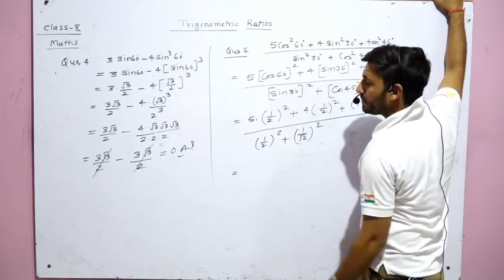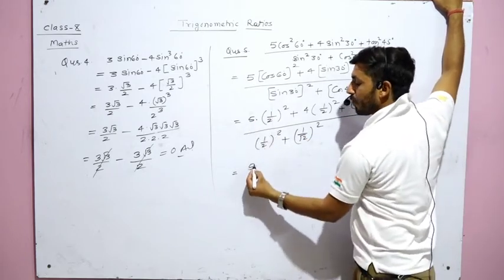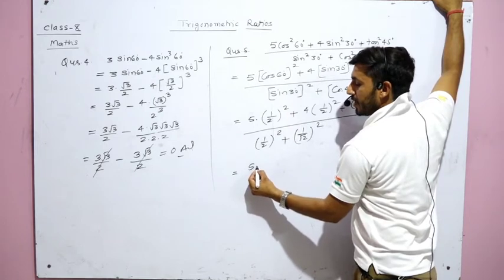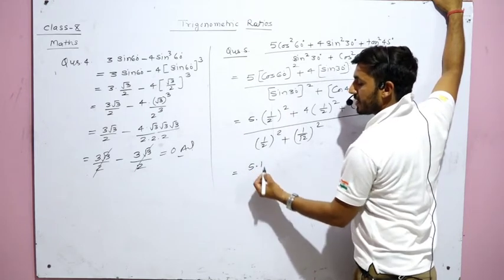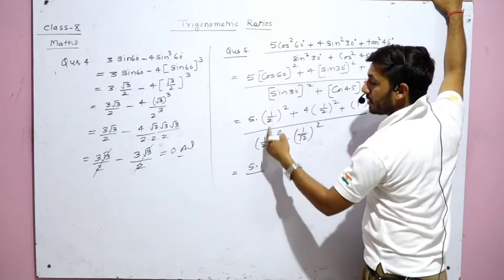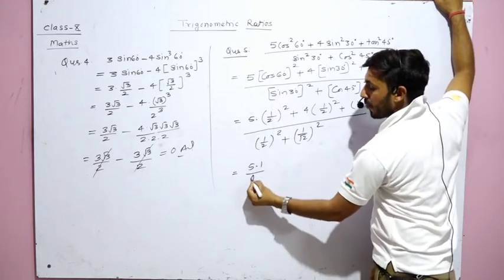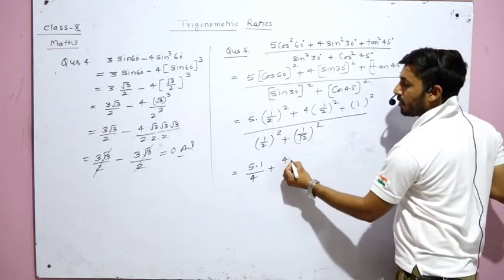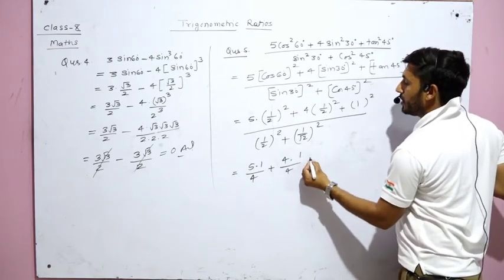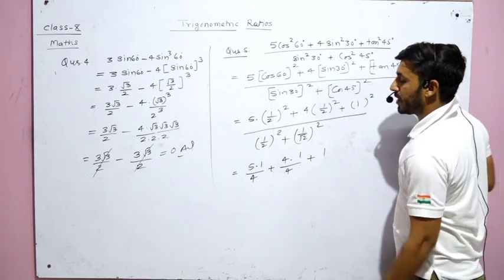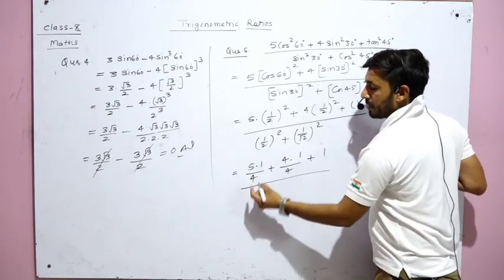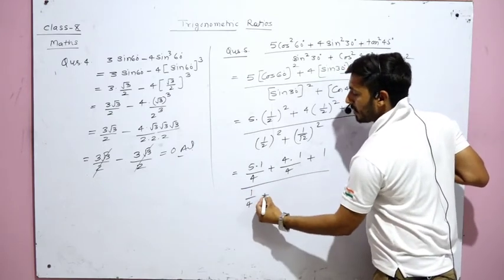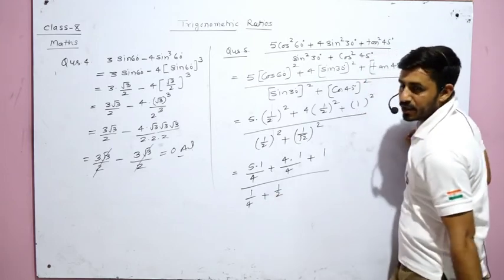In the next step we can write 5 into 1's square, that is 1, divided by 2's square, that is 4, plus in the next step 4 into 1 upon 4. In the denominator we write 1 upon 4 plus 1 by 2.